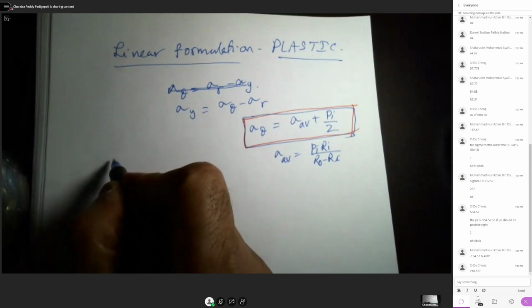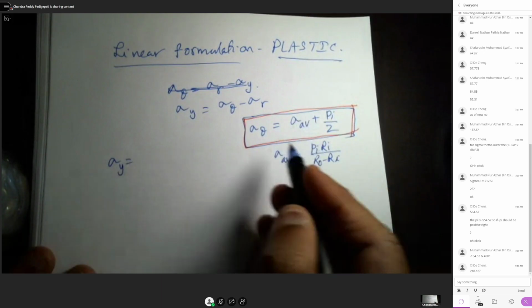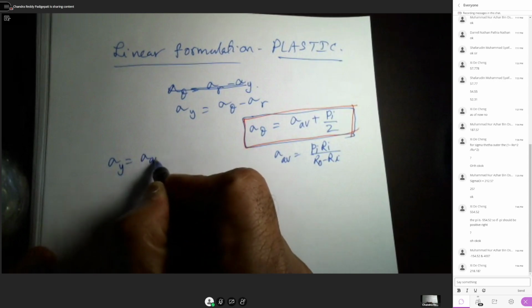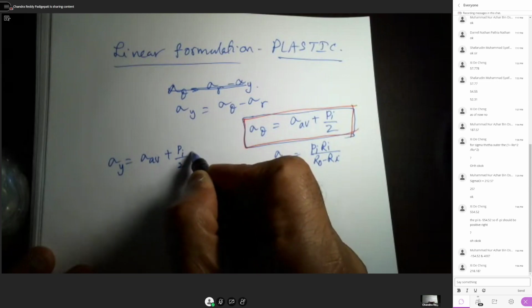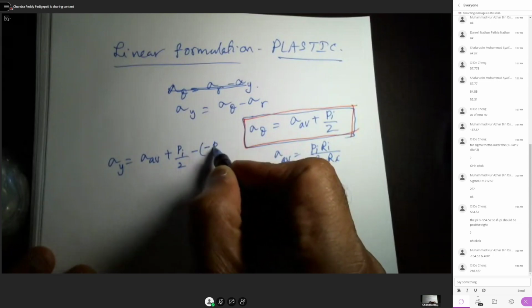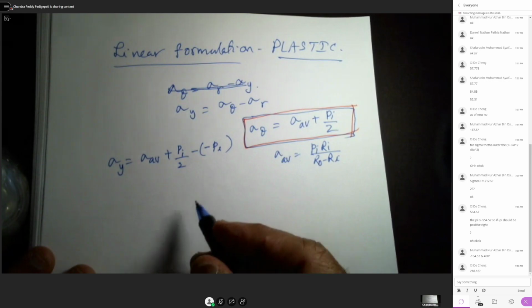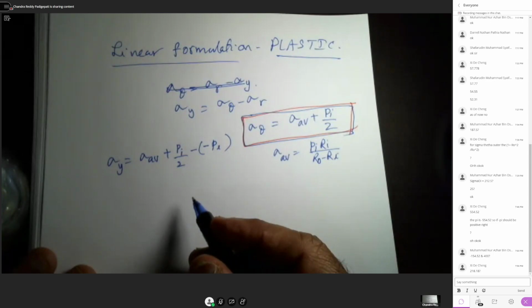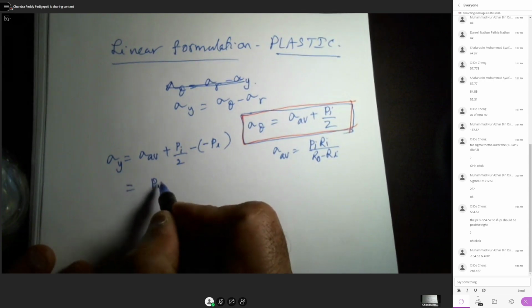All right, so now we substitute sigma y is equal to sigma average plus pi by 2, so minus pi.